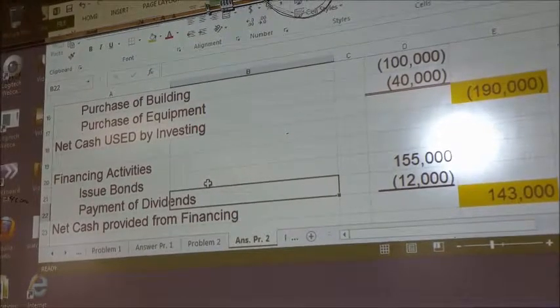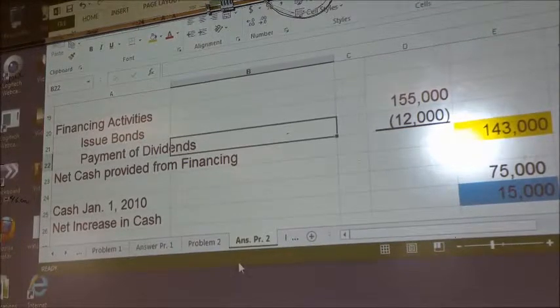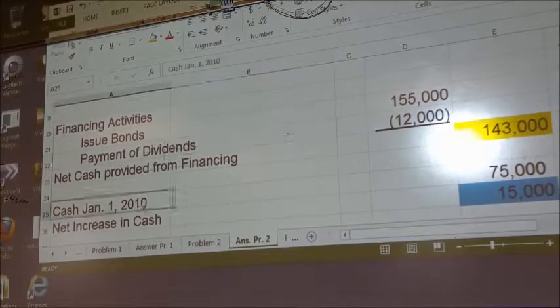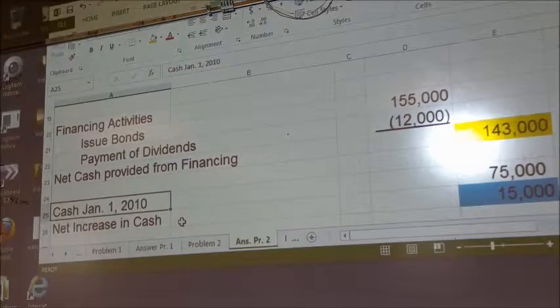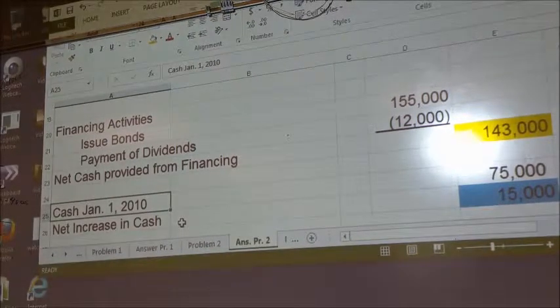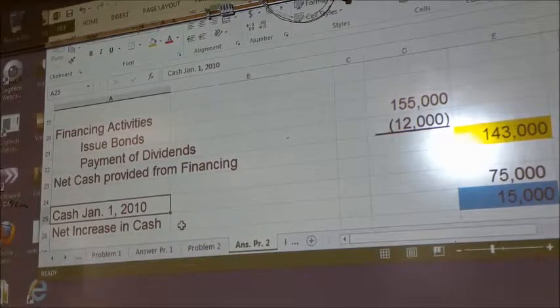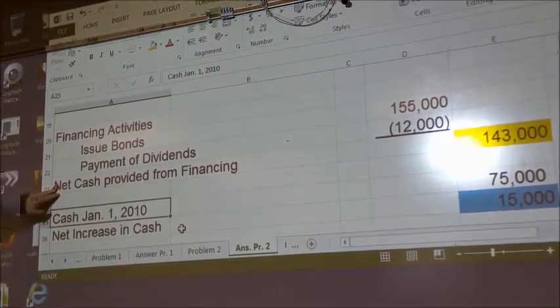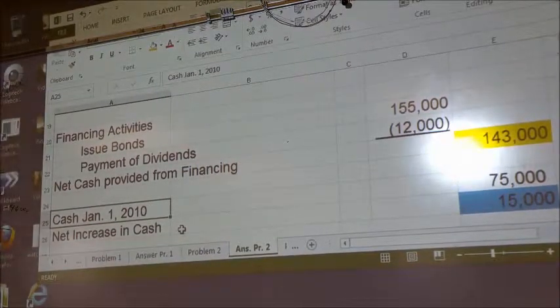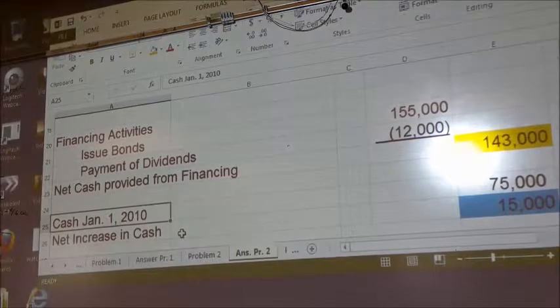And then we do the final section to see if everything ties out. Beginning cash, we did have beginning cash. And then if you add up the three totals, financing, investing, and operating, they should total $15,000.